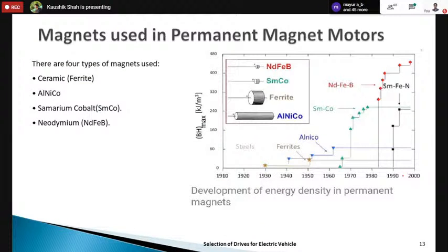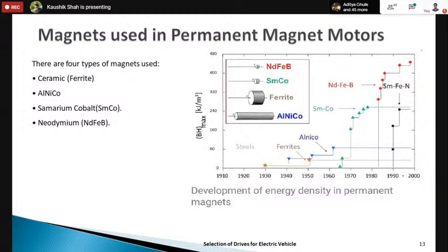This is talking about the evolution of the magnets, right? Earlier the ferrites were used in 1940, then it evolved to aluminum nickel cobalt, Alnico, and then samarium cobalt, SmCo, which came somewhere in the 1980s, and neodymium, which is 2000, and there are a few more that will come up.